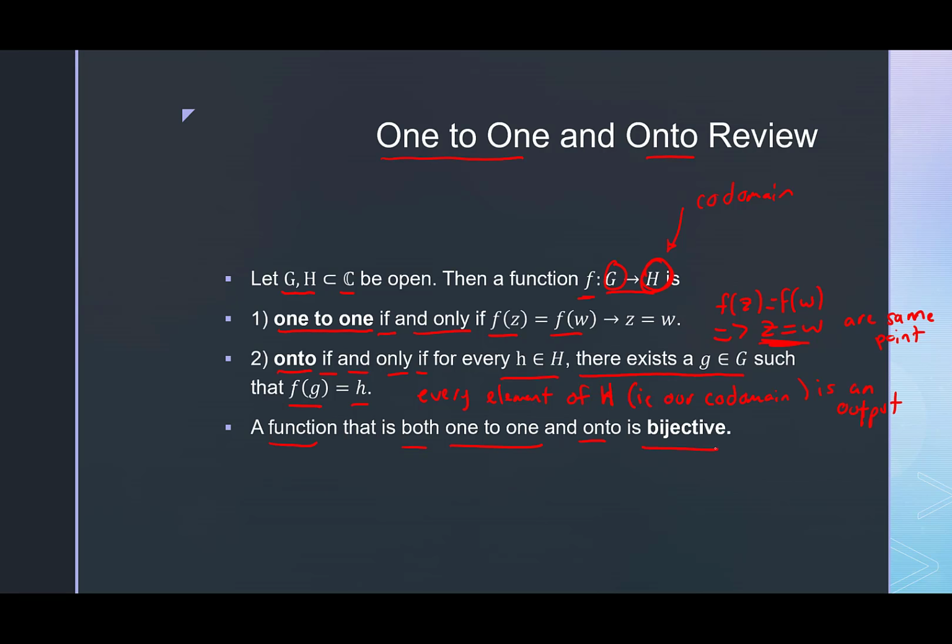And the reason why we like bijective functions is that bijective functions have inverses. Okay, so we like bijective functions. That means we can go backwards and we get a function out of that process.